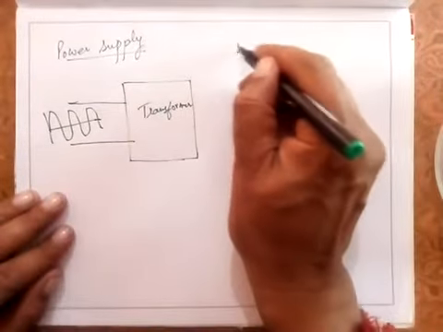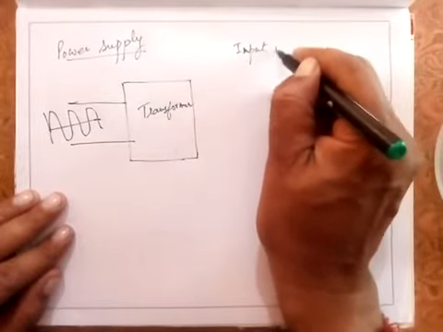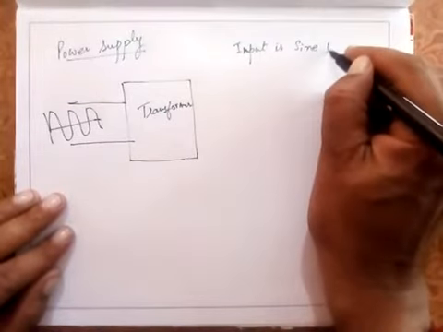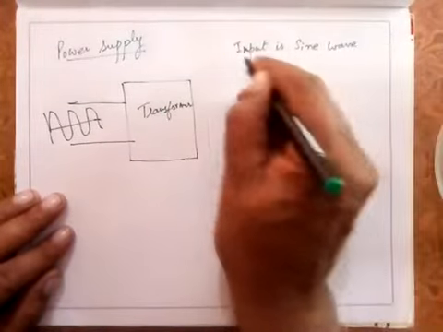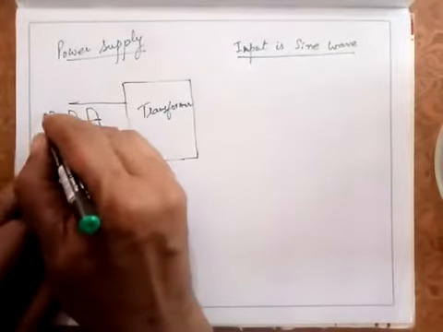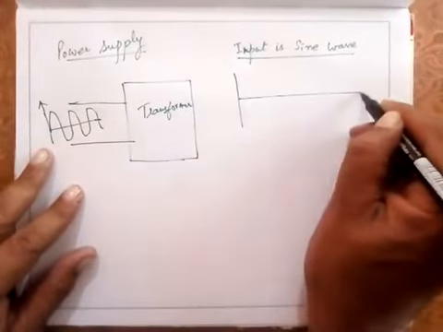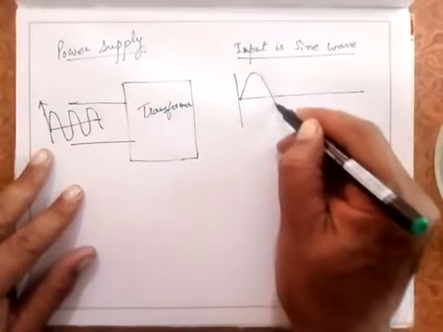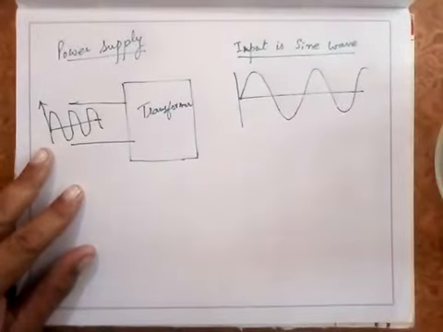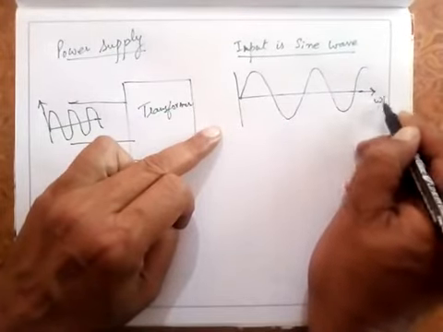So this input is a sine wave. We'll assume that this kind of wave is here, and suppose this is omega t.